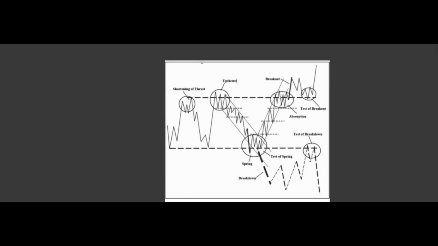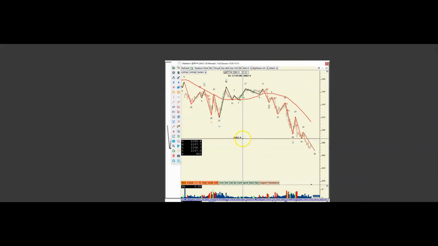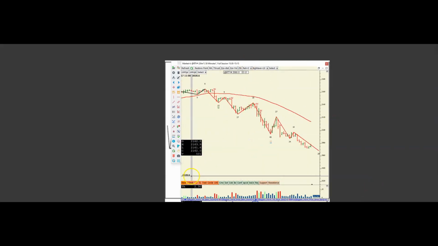Maybe look at the YM today. All right, the RTY is very easy. Here you had a break, follow through.